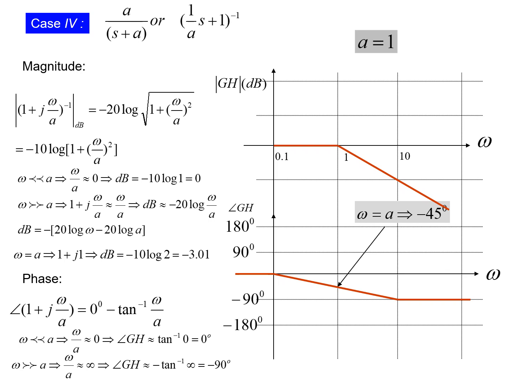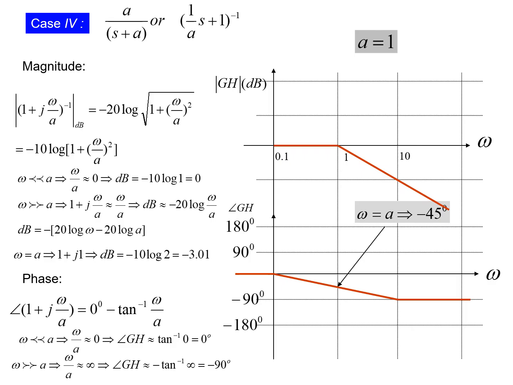The magnitude is the absolute value of (1 plus j omega per a) power minus 1, equal to minus 20 log square root of (1 plus (omega per a) squared). This is the absolute value. It means equal to minus 10 log (1 plus (omega per a) squared).